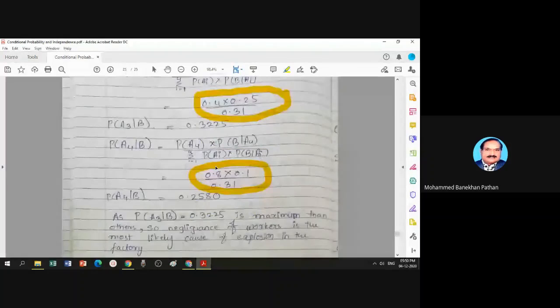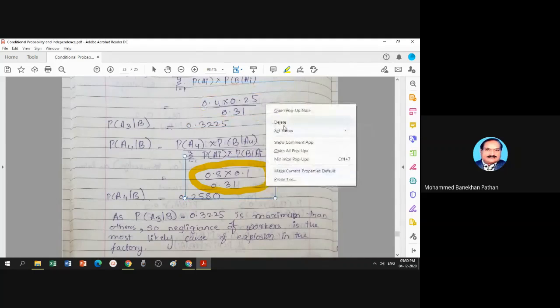P of A4 given, that is 0.8, into P of B given A4, which is 0.1, plus... So this is the numerator. The denominator you have to calculate separately. I think it is correct because we calculated this denominator in the first bit.